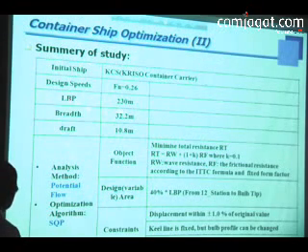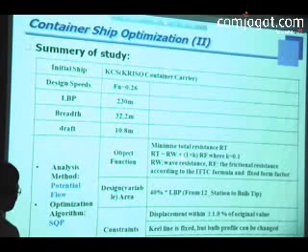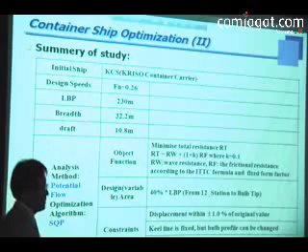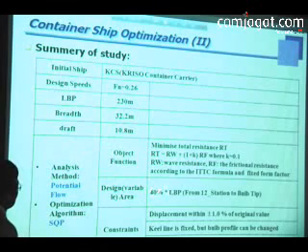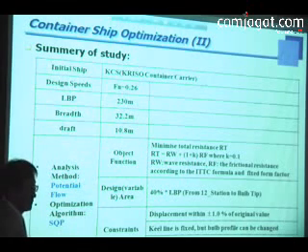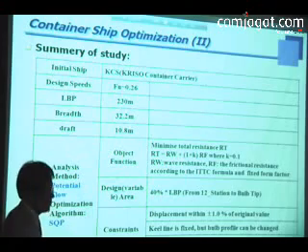So this is geometry. Objective function is total resistance, composed of wave-making plus form factor and friction. Friction is ITTC, the friction line is used. Design variable is 40% of LPP, the fore part. It's free.